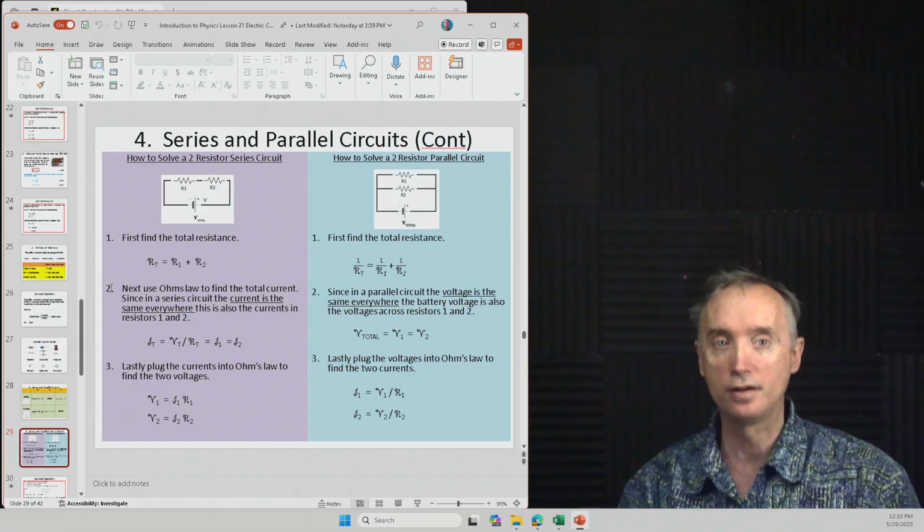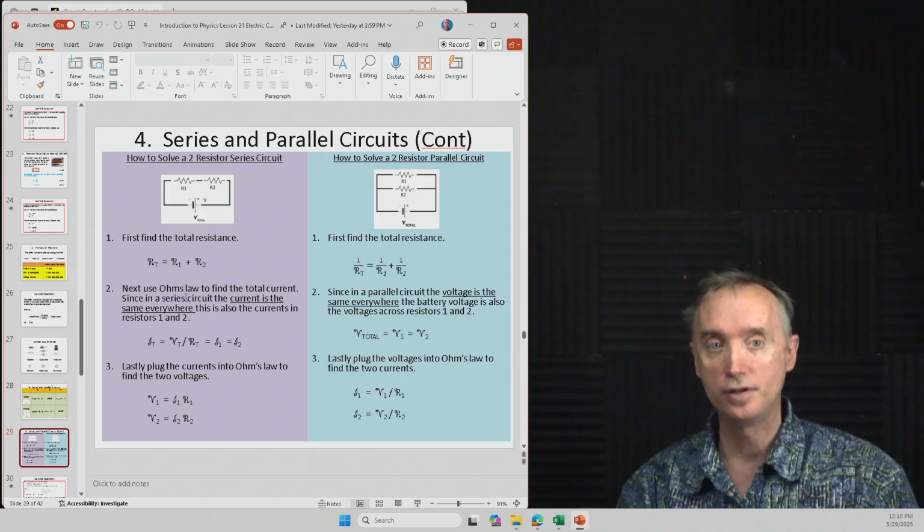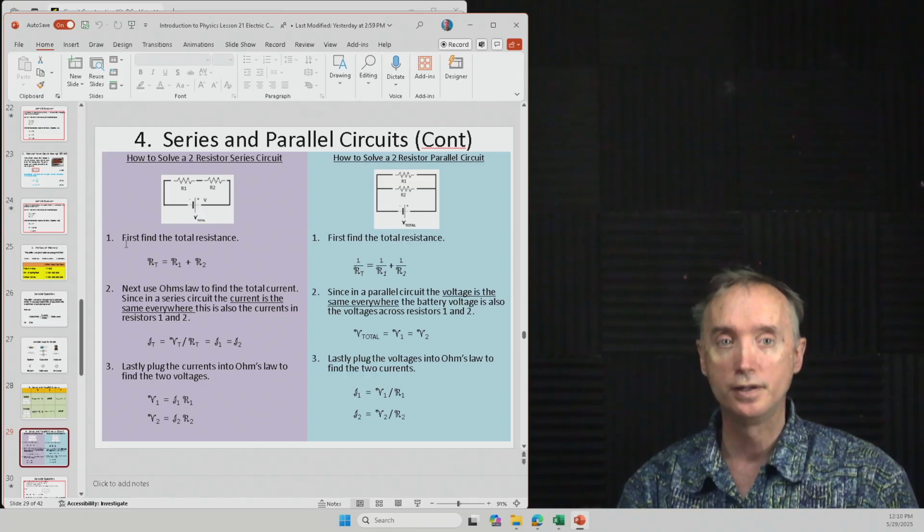This column is how to solve a series circuit problem. This column is how to solve a parallel circuit. So which one are we doing? We're doing the series. So here's your procedure. Step 1 is to find the total resistance. We've already done that, so we did this part, and then we're going down here to part 2.